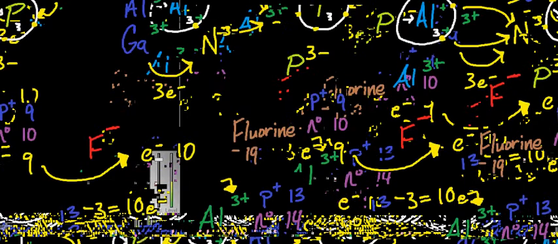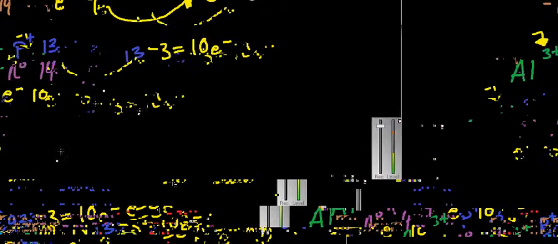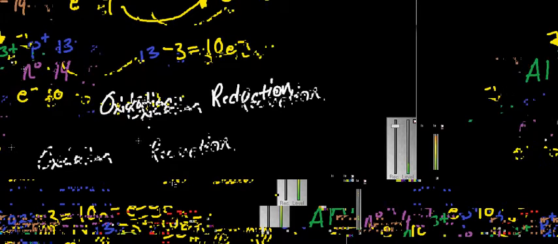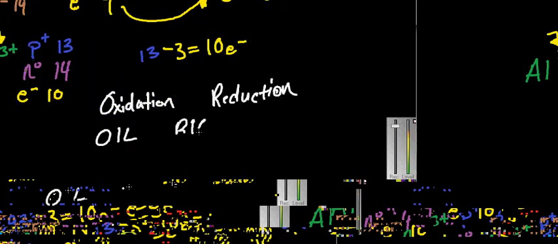And there is a word for this, and it's okay if you don't understand this right now, but oxidation and reduction are the fancy words sometimes used to describe these reactions or these charges. The way that I remember it is, you can remember OIL RIG.